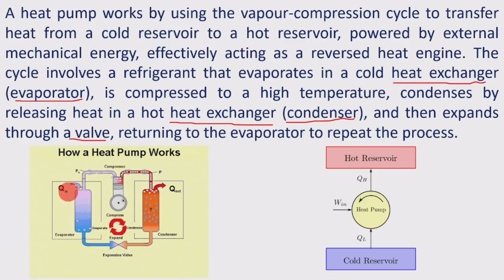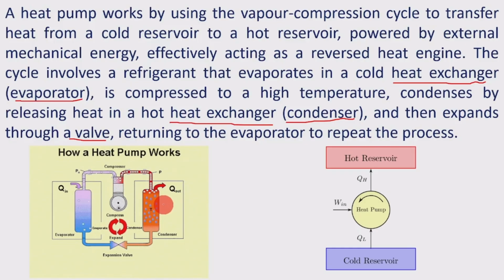That means the refrigerant absorbs Q in amount of heat, and after absorbing it moves to the compressor, where it will be compressed to a high temperature and high pressure, and after compression the refrigerant moves to the condenser. Due to the high temperature and high pressure vapor, the heat will be rejected to the outside atmosphere, and that transfer of the heat will be taking place.